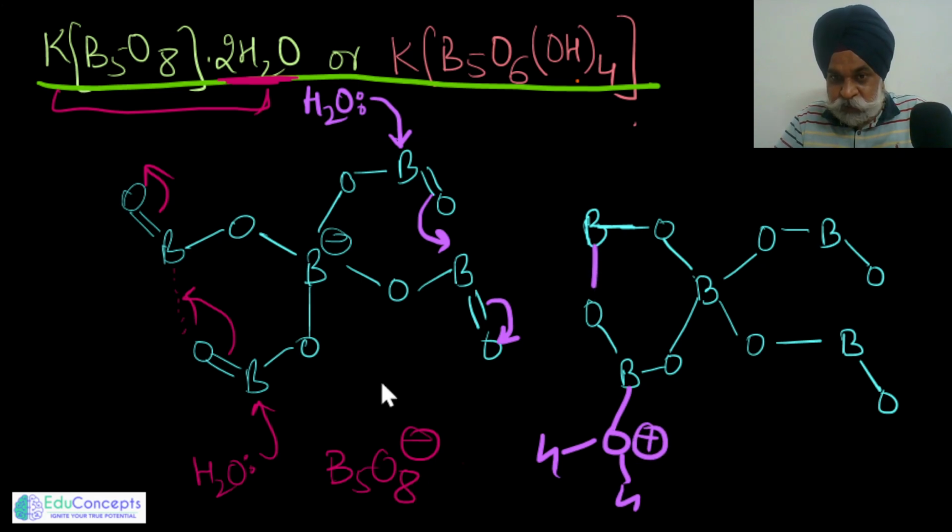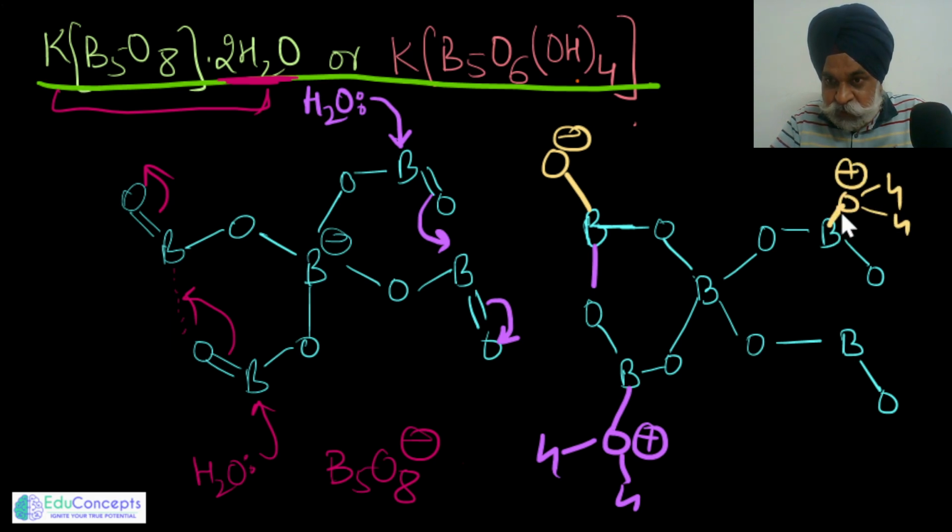This bond got made here. Let me change the color of the marker. Okay, so this becomes O negative. And similarly, on this side also, you just have added water, positive, because this bond got broken. This bond got formed, and this becomes negative.